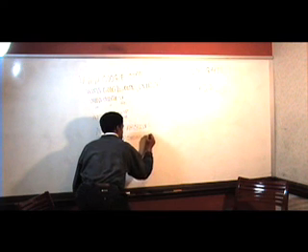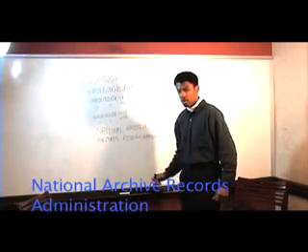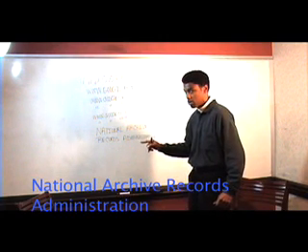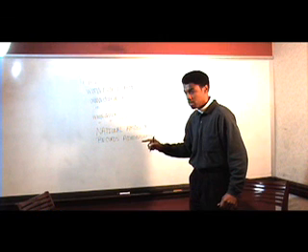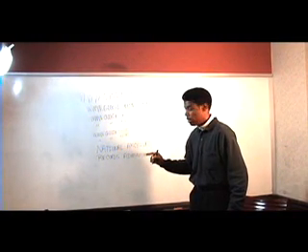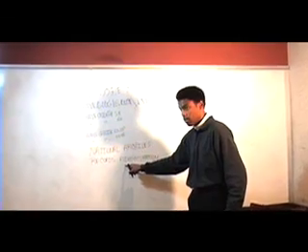This is for all you military people out there. It should be located in Maryland or somewhere near Washington, D.C. Maryland is not that far from Washington, D.C. and the District of Columbia. So Maryland is right outside the District of Columbia in Washington, D.C. Okay? National Archives Records Administration.